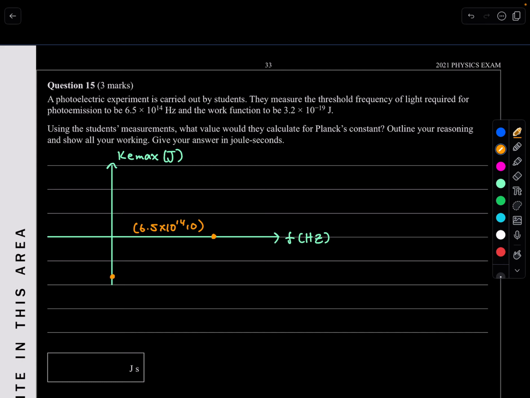So it's just a straight line that passes through these two, and the gradient of this straight line is your Planck's constant. Now, this point's coordinate has to be 0, comma, negative. Make sure you put a negative because it's below. Negative 3.2 times 10 to the power of negative 19 joules.